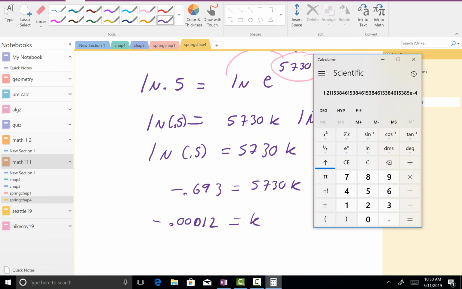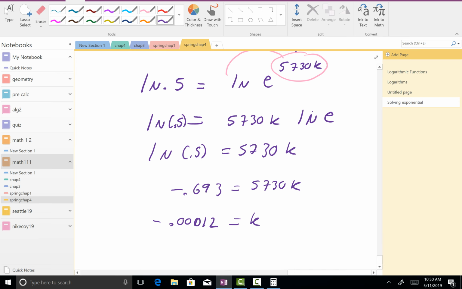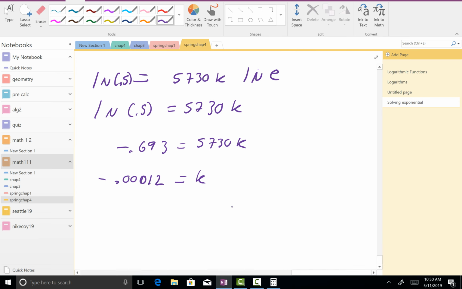So I get this e to the negative 4, which means I have to move that decimal 4 times that way. So 1, 2, 3, 4. So I get 0.00012 for k. And now that I know what k is, I can do whatever I need to do.